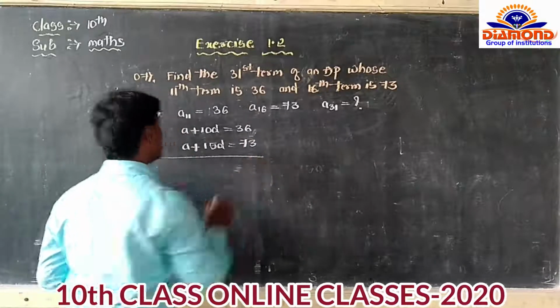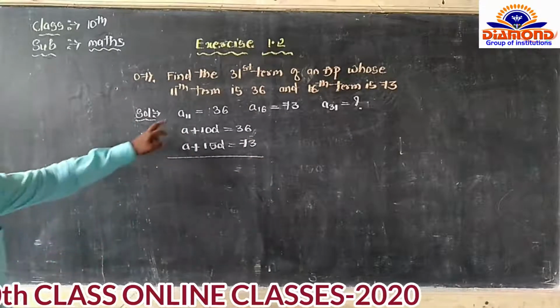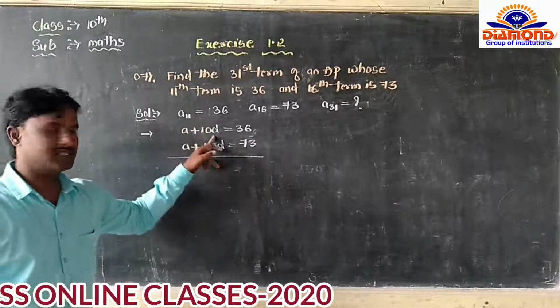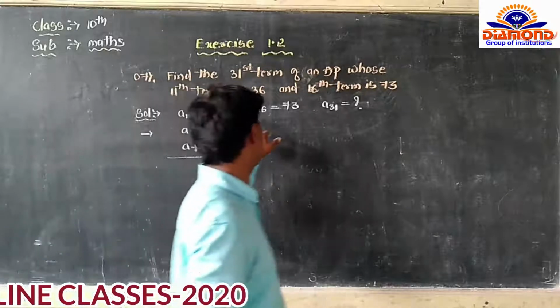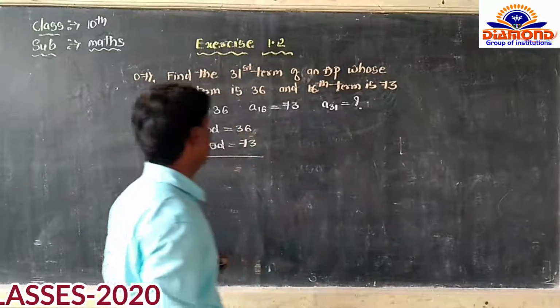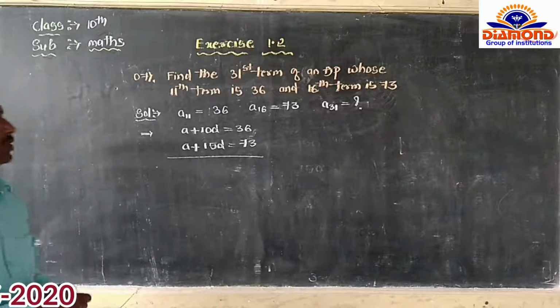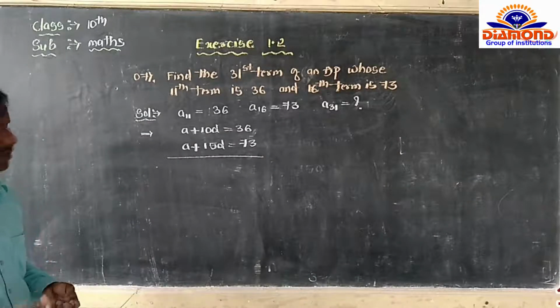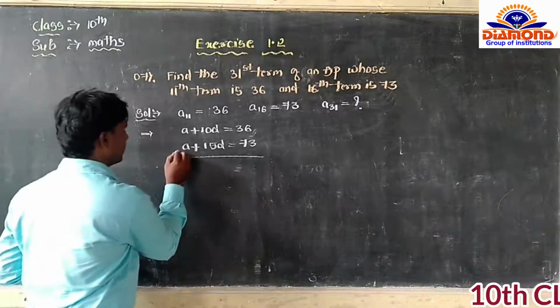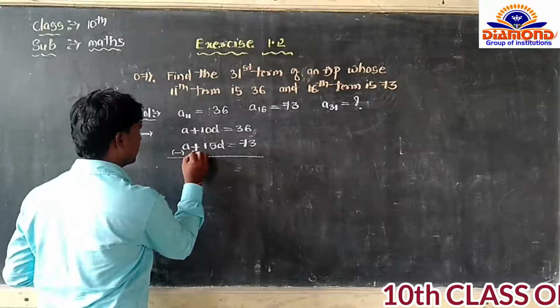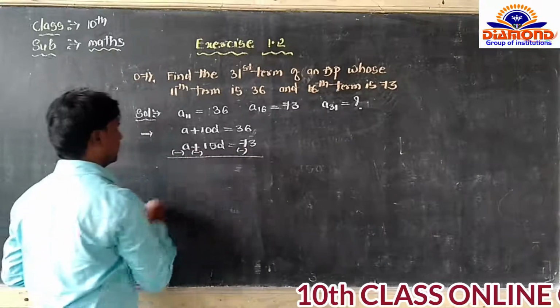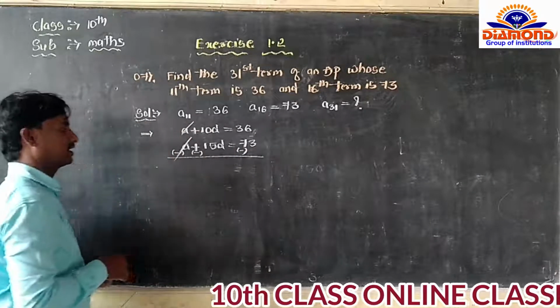Now we are doing the subtraction. a11 is written as a plus 10d is equal to 36, and 16th term means a plus 15d is equal to 73. Now we are doing the subtraction here, dear students. Plus becomes minus, plus becomes minus. Now both a's get cancelled.